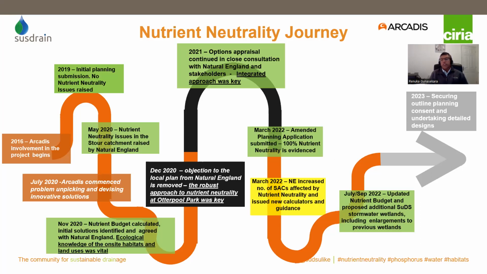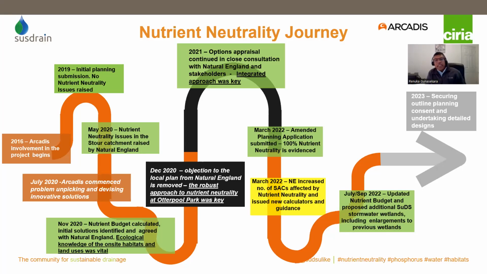So we needed to start unraveling the problem and see what solutions could be delivered to overcome this. So we worked out the nutrient budgets and initial solutions, and in late 2020, Natural England withdrew the objection to the local plan, and we continued with the options appraisal process.